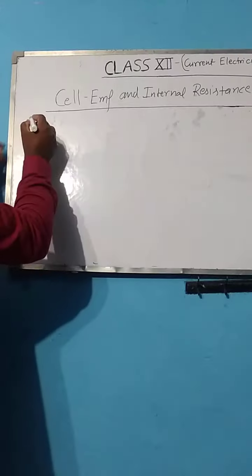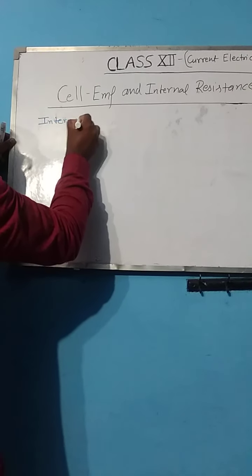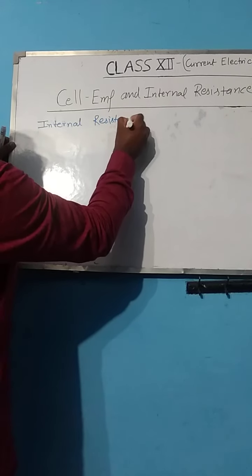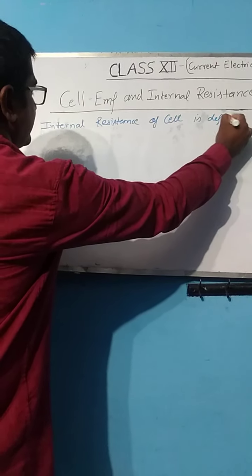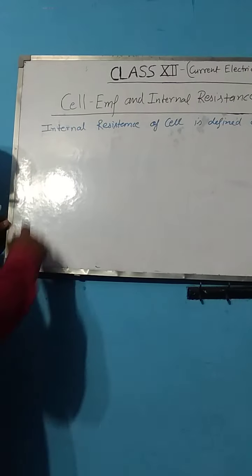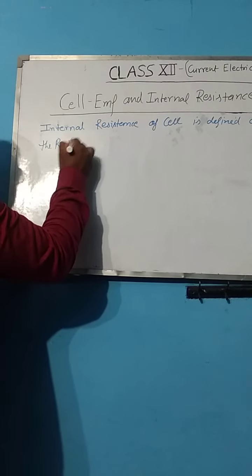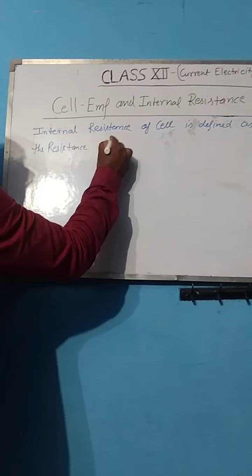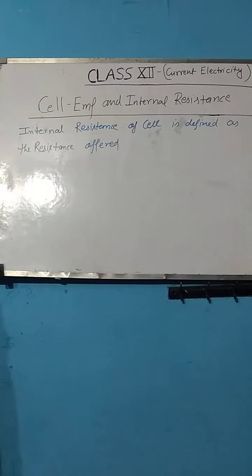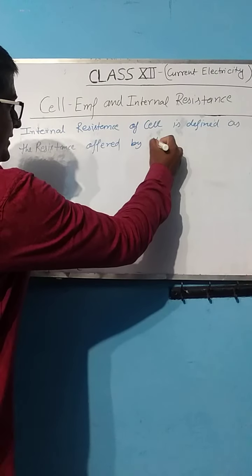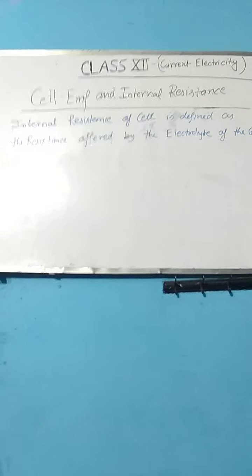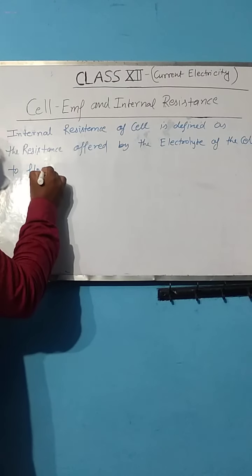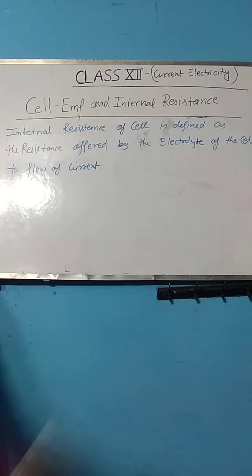Internal resistance of a cell is defined as the resistance offered by the electrolyte of the cell to the flow of current through it.